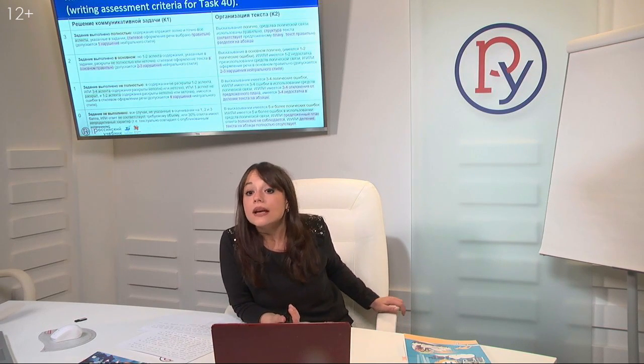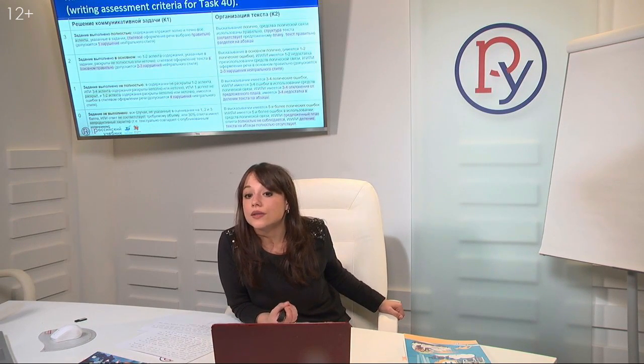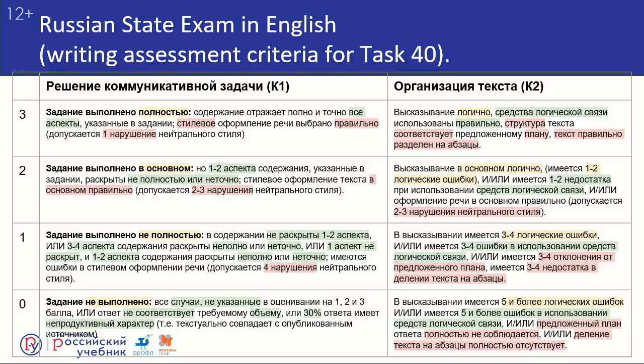So the second criterion, K2, also focuses on how the text is divided into paragraphs, right? So if it is divided into paragraphs the way it should be, and according to the plan obviously, we give it 3 points, right?